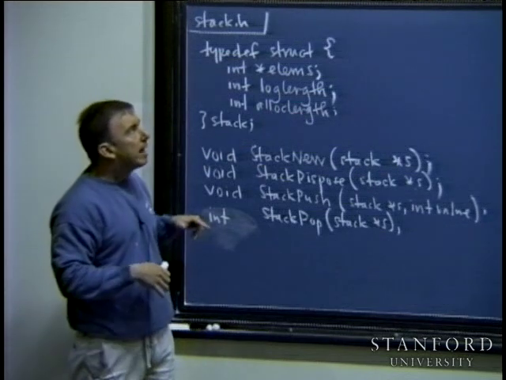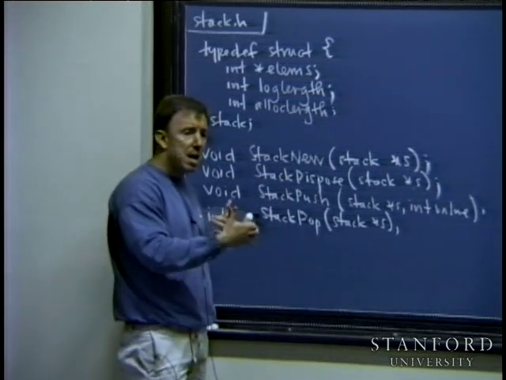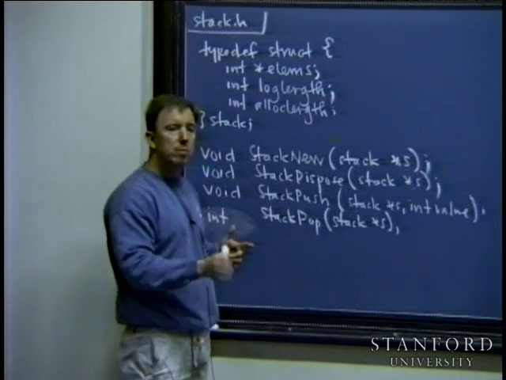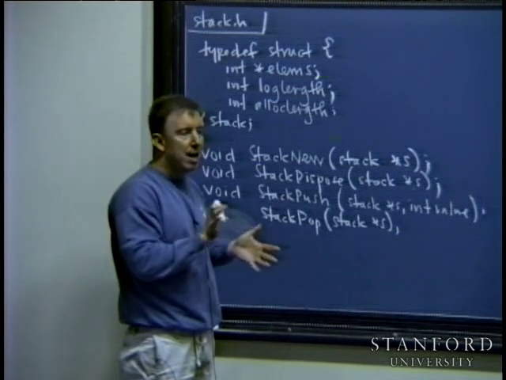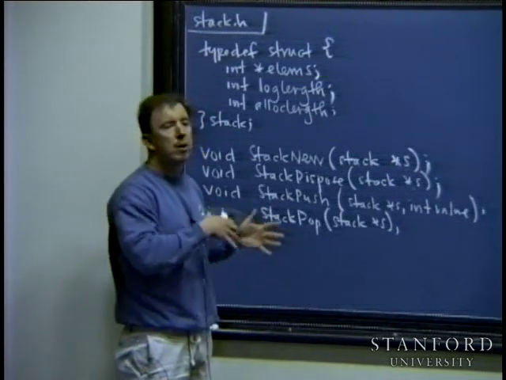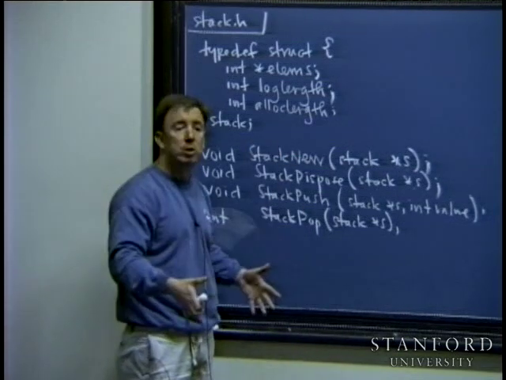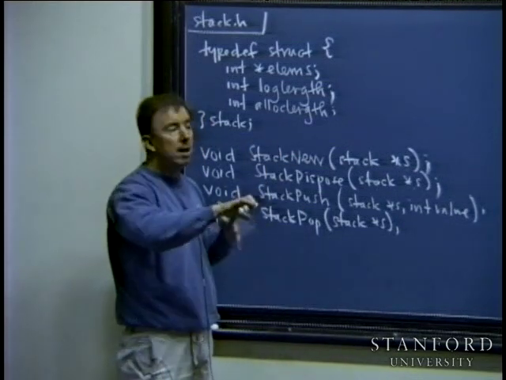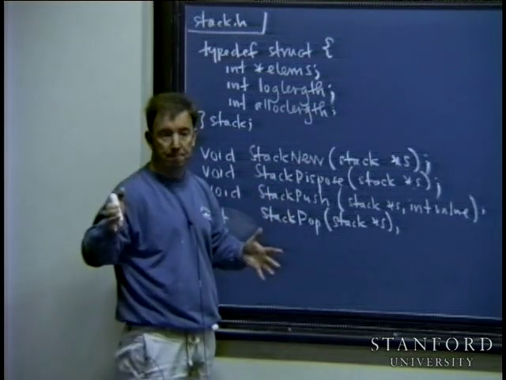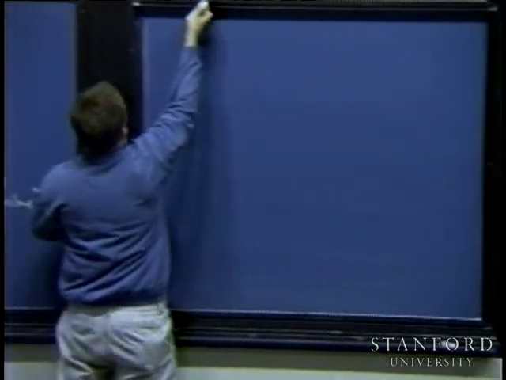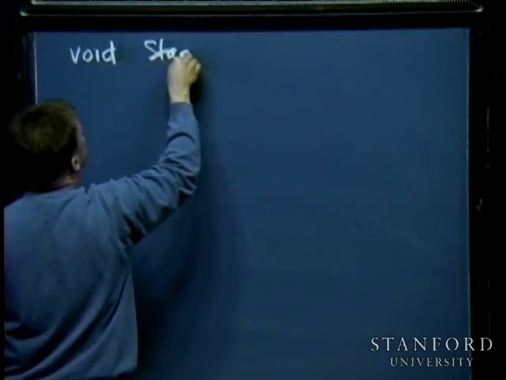I chose an initial allocated length of 4, so I'm certainly able to push 4 integers onto the stack and not meet any resistance whatsoever, but if I try to push a 5th onto the stack, it has to react and say, I don't have space for 5 integers, I better go and allocate space for some more, copy over whatever's been pushed, and dispose of the old array to make it look like I had space for 8 or 16 or 1024 or whatever. Okay? So the implementation, assuming I do have enough space, would be this simple.